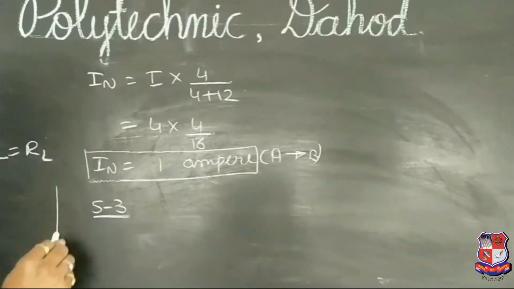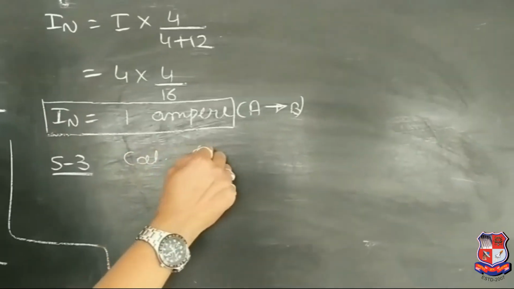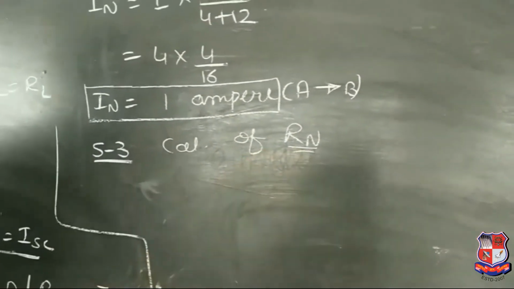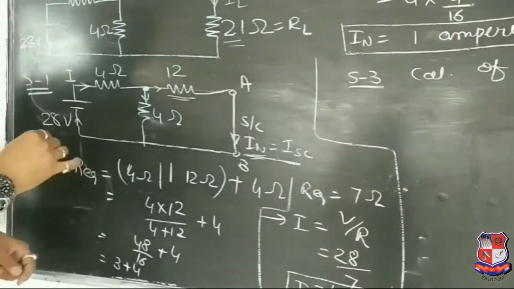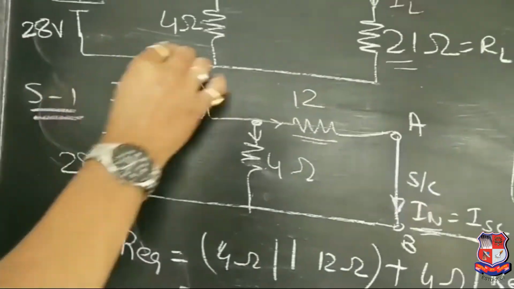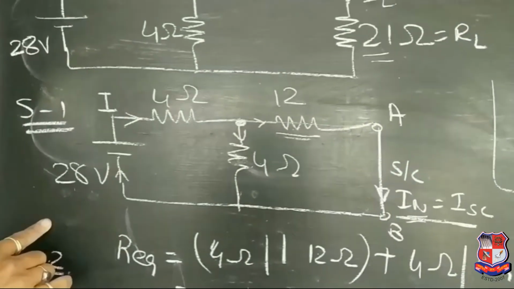Now move on to step 3. In this step we have to calculate R Norton. When we calculate R Norton, first we have to eliminate all the energy sources. Means whatever the energy sources are given, those energy sources are set to 0.